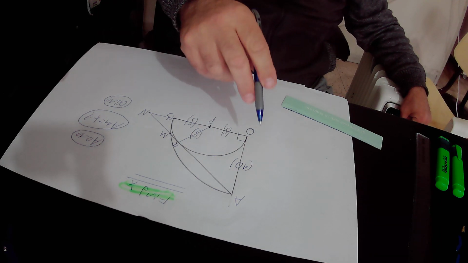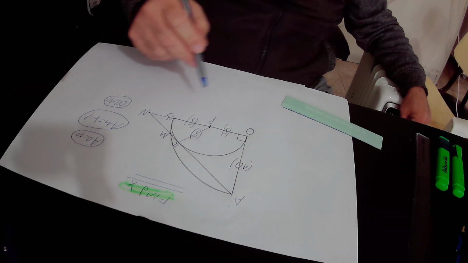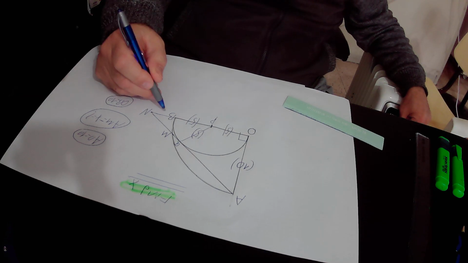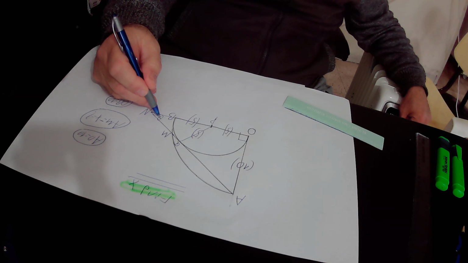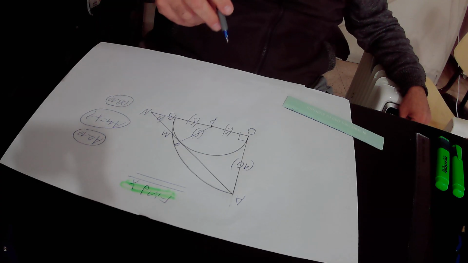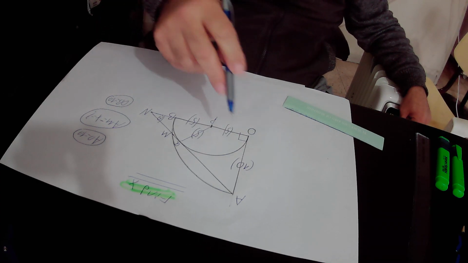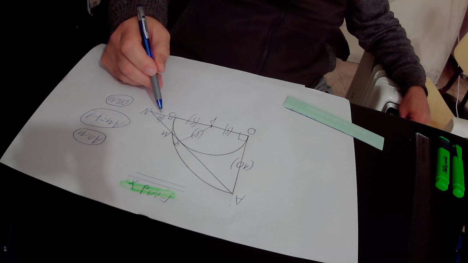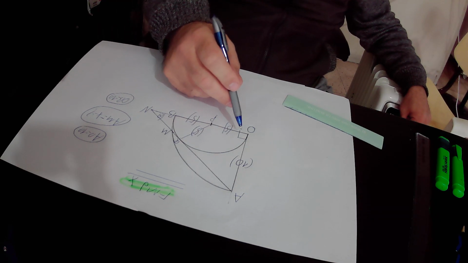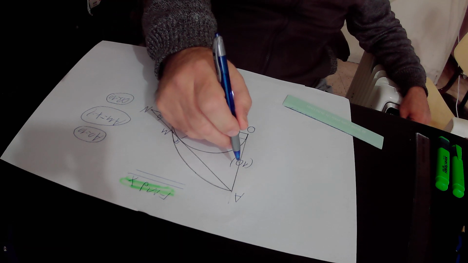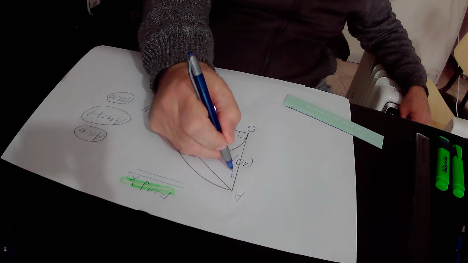In the right triangle AON, we define this angle ONA as theta. In this triangle, this angle equals theta and this angle equals 90 degrees. Therefore, the missing angle here must be equal to 90 degrees minus theta.